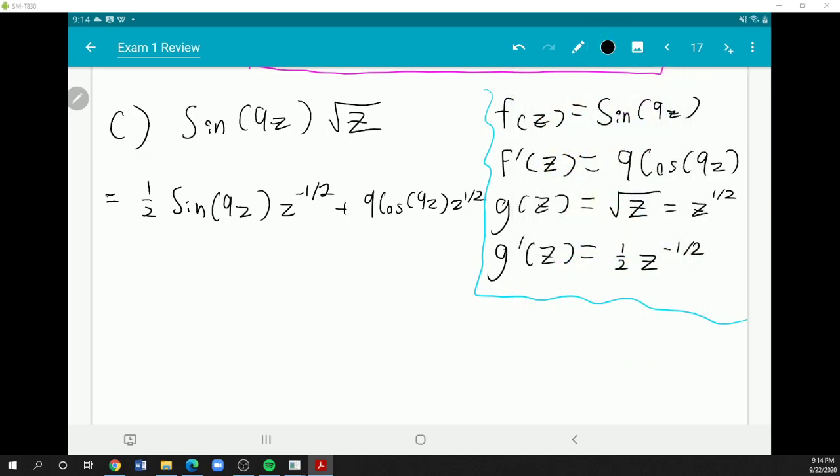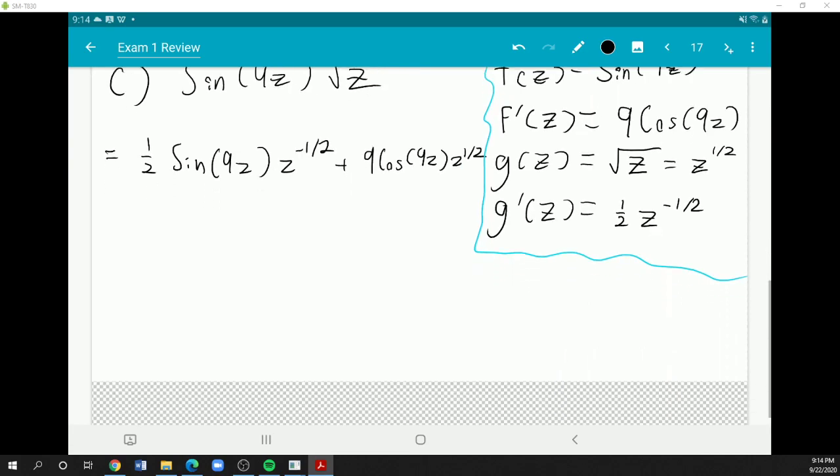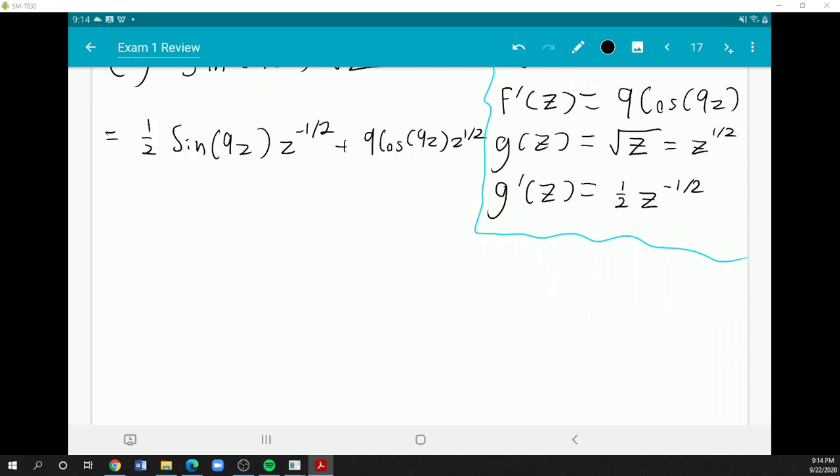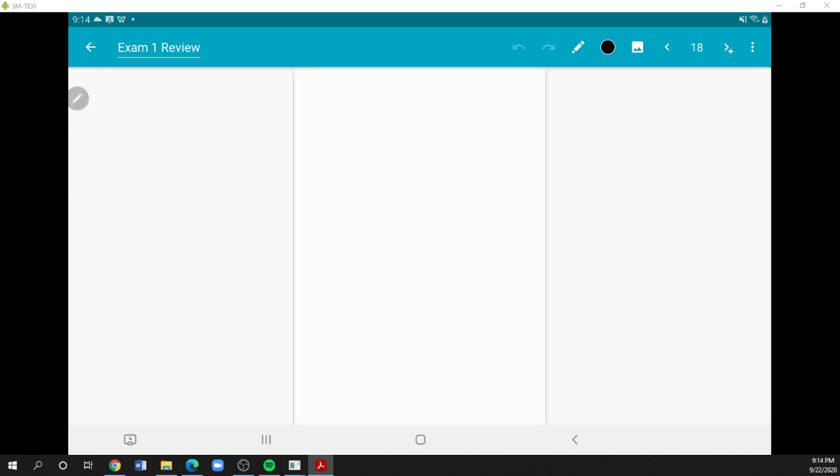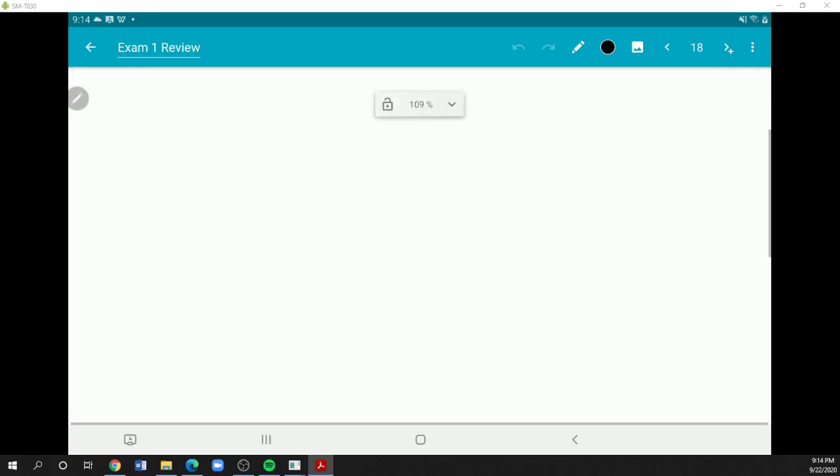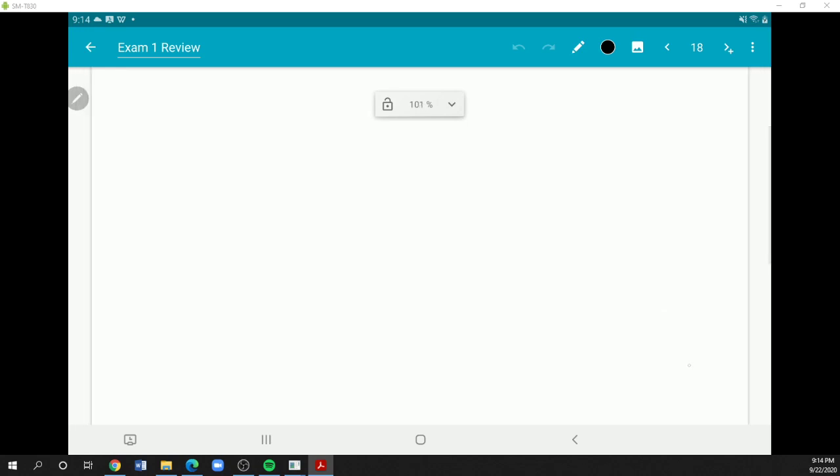And now finally, this would be fine as a final answer. Again, I won't be too particular. If you want, you can put all the root stuff together, but realistically, that's a lot of work. So we'll leave it as is. And plus, it's completely clear what you mean with that, and it makes it easier to take further derivatives.